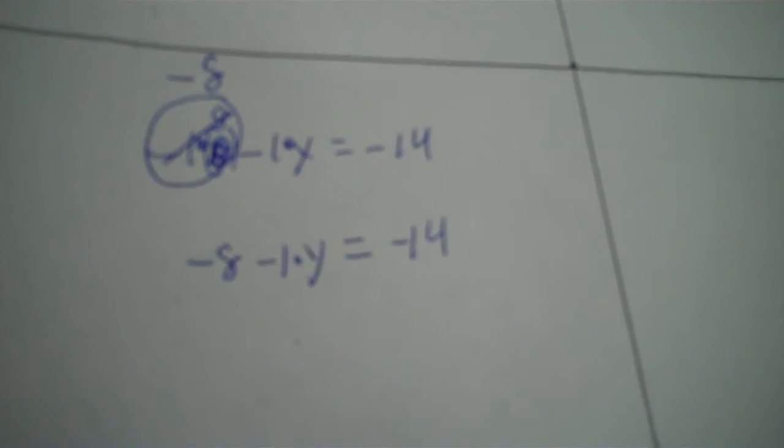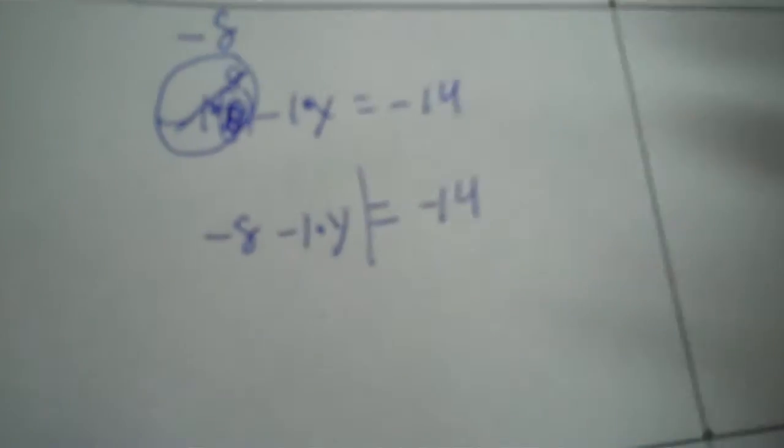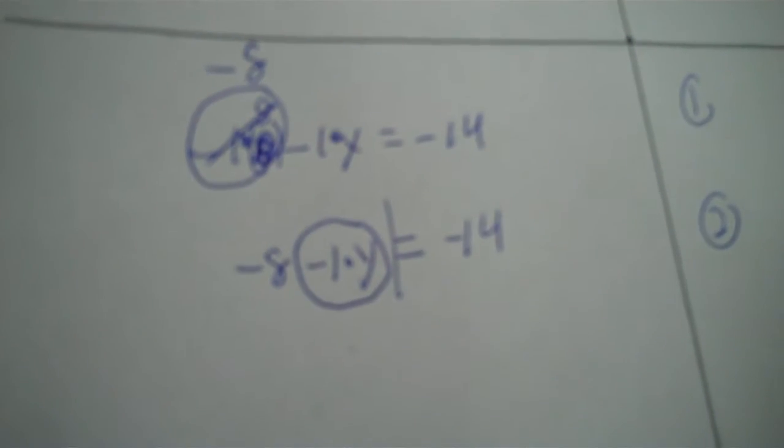Okay, so now you have two numbers on the x side, so 1 and 2. So you got minus and times. So when you circle the times, you're going to want to circle that minus in with the 1, because that's going to be a negative 1. So you take out your negative 8 with a plus 8, or your minus 8 with a plus 8, excuse me. And then you're going to divide by the negative 1.